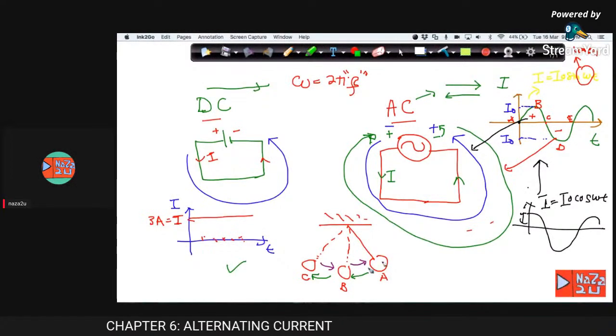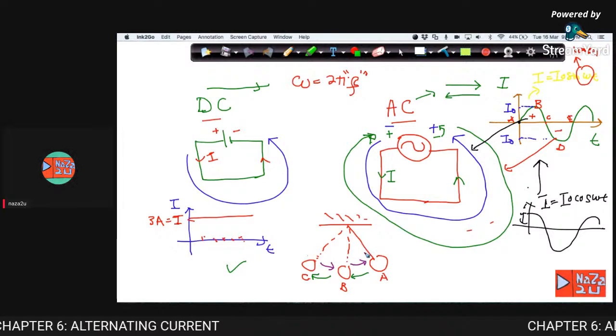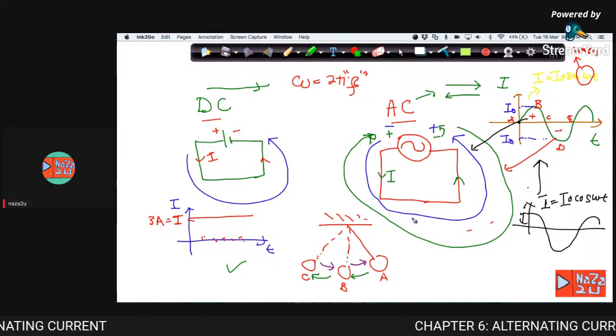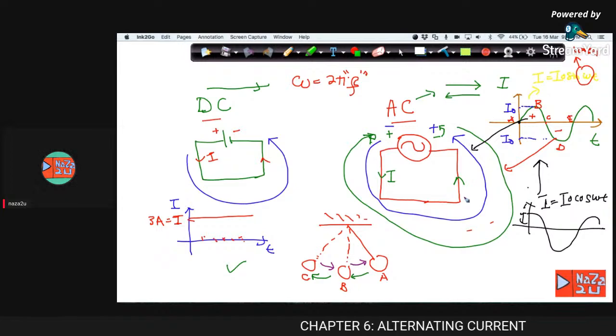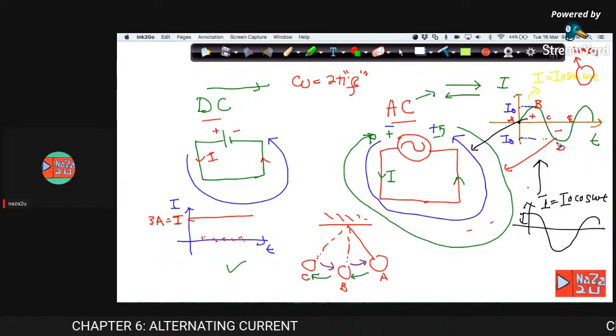Okay, one complete oscillation. 1, 2, 3 dan seterusnya lah.